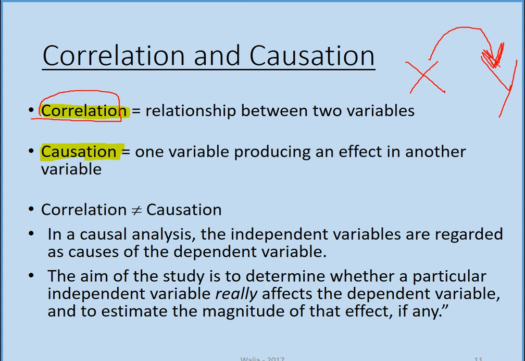Let me give you an example so that we can understand this better. If I do analysis and I say, every time Nitin Walia, which is me, wears shorts, it gets sunny outside.